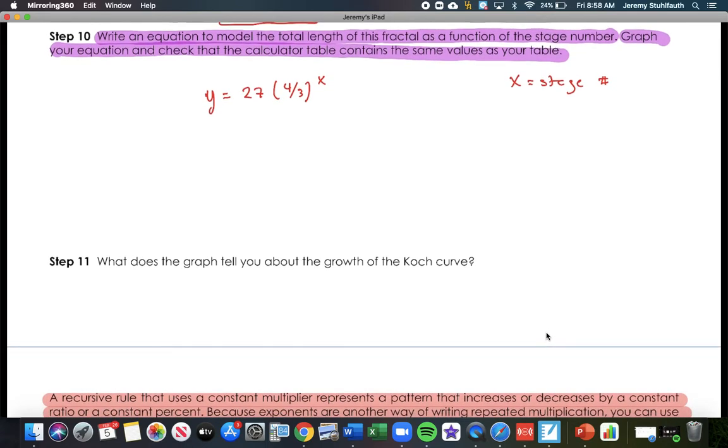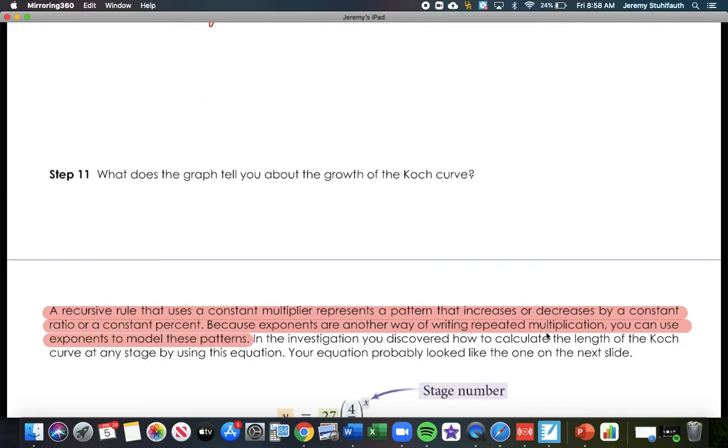And so for step 11, it asks, what does the graph tell you about the growth of the Koch curve? And what we find is that the growth increases very rapidly.